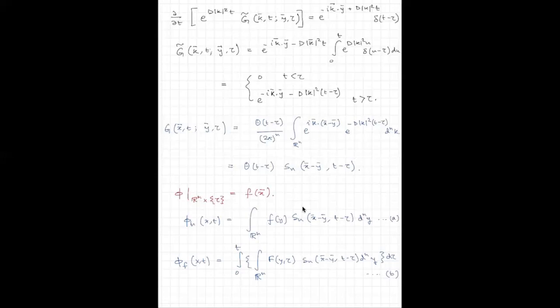So the integral in these curly brackets expresses the solution phi_f to the forced problem as a superposition of the effects from all conditions at times tau earlier than t, and each of these has been propagated by a time t minus tau up to t.